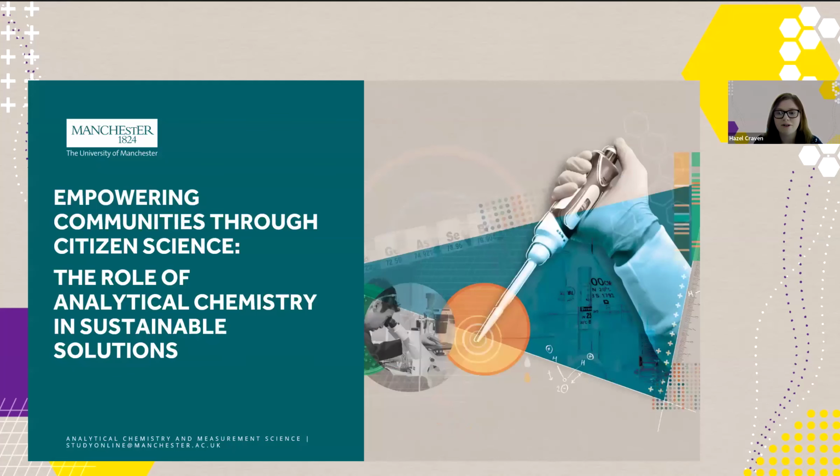Thank you for joining today's webinar on empowering communities through citizen science and the role of analytical chemistry in sustainable solutions. Whether through public health or environmental initiatives, citizen science and involving the public is an important area for analytical scientists.